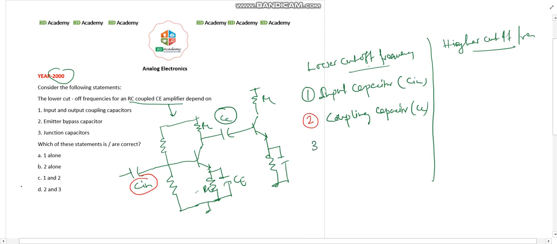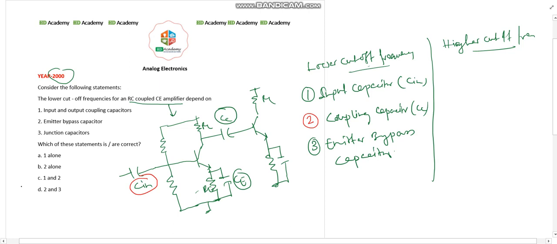And third, the emitter bypass capacitor, that is CE, this one. Right, actually the lower cutoff frequency depends on these three capacitors.